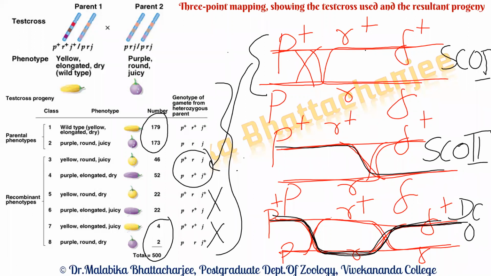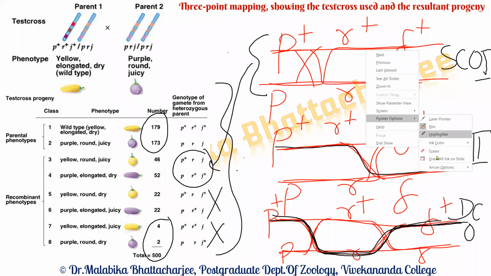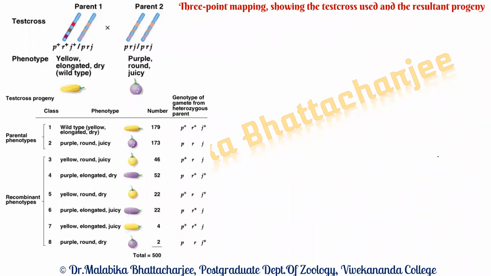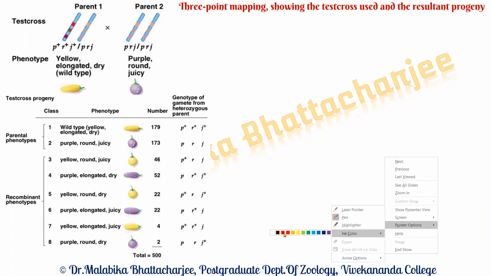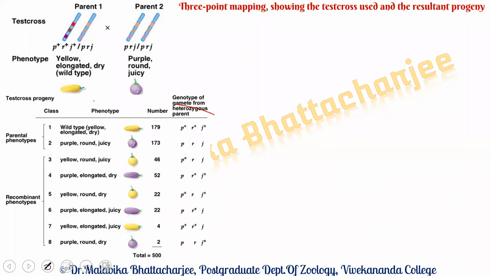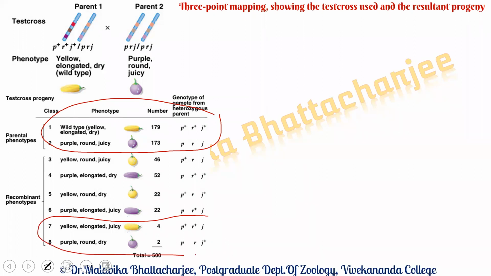So whenever we have data like this, the first thing we need to identify is the parental class and the double crossover class. So from the data, let's start. We have identified the parental class and the double crossover class.